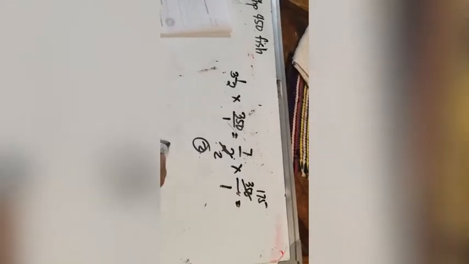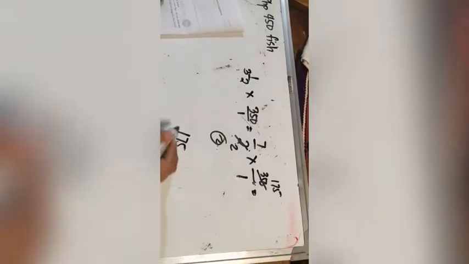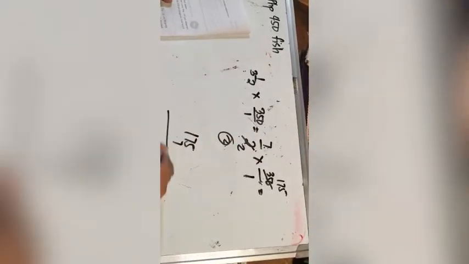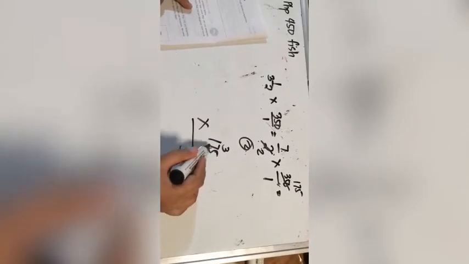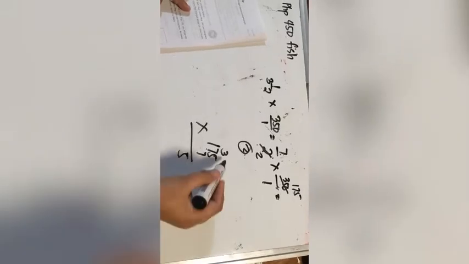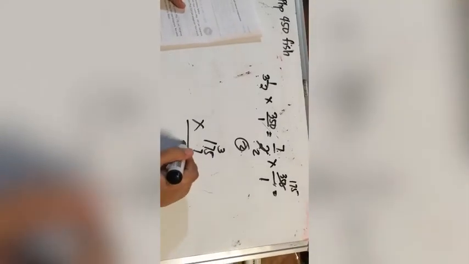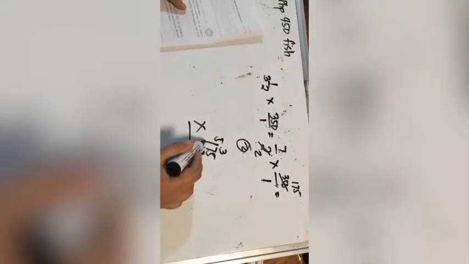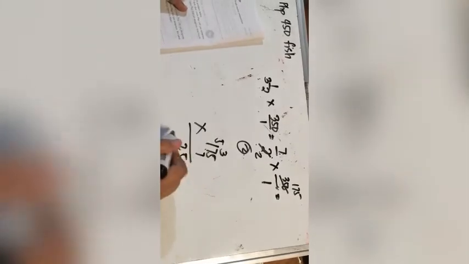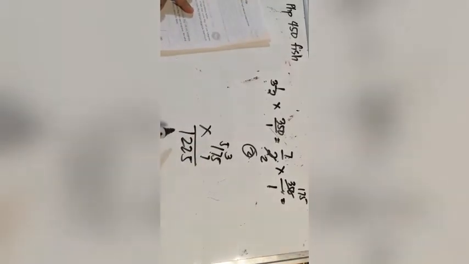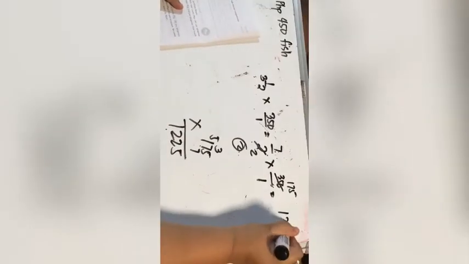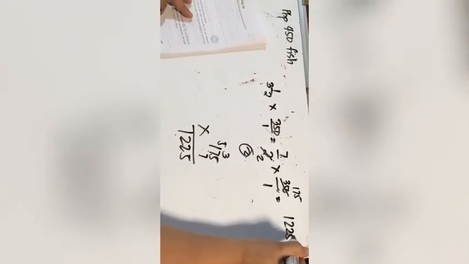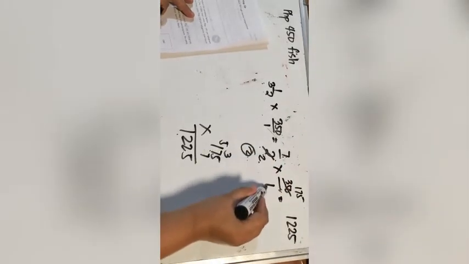So you multiply the remaining numbers. 175 times 7. Okay, let's do it this way. 7 times 5, 35. 7 times 7 is 49 plus 3, this is 52. So 7 times 1 is 7 plus 5, 12. So therefore, we have 1,225 here. 1,225 over 2 times 1.